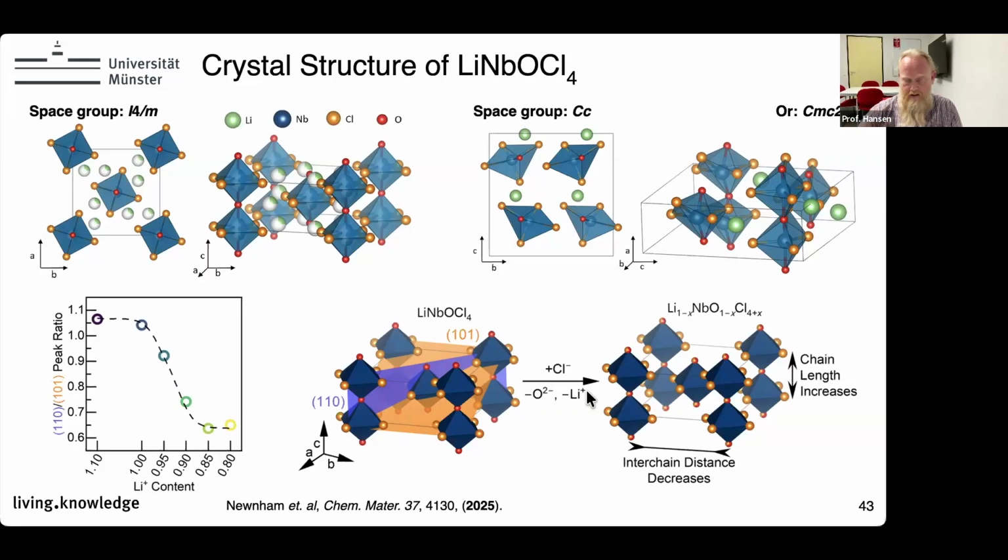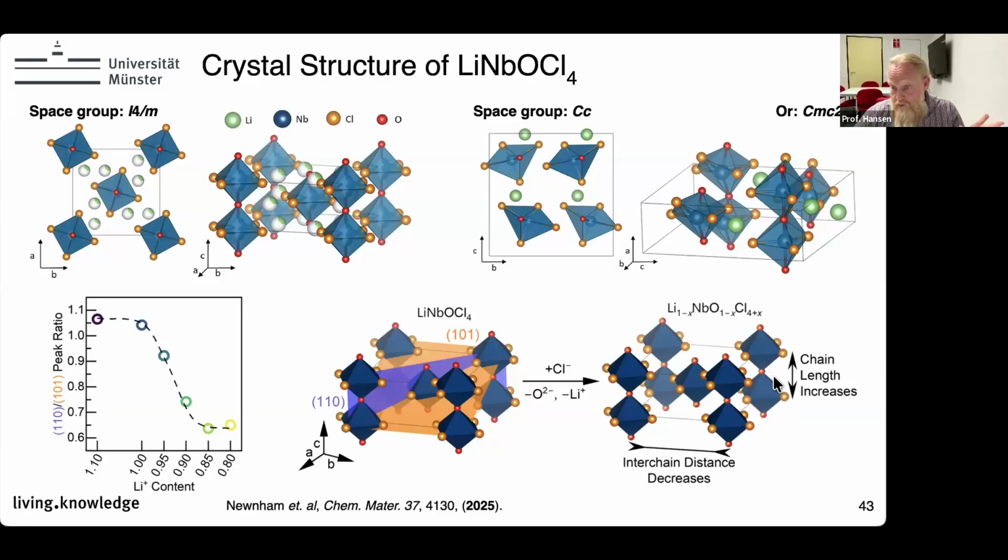So you create interstitial places or defects for lithium to better move through the structure. And then what they say basically is that the interchain distances decrease in this direction, so the direction along C increases.